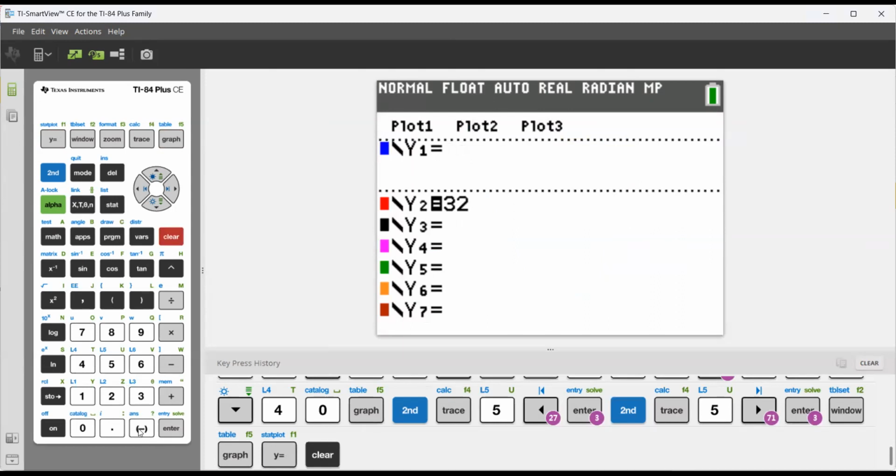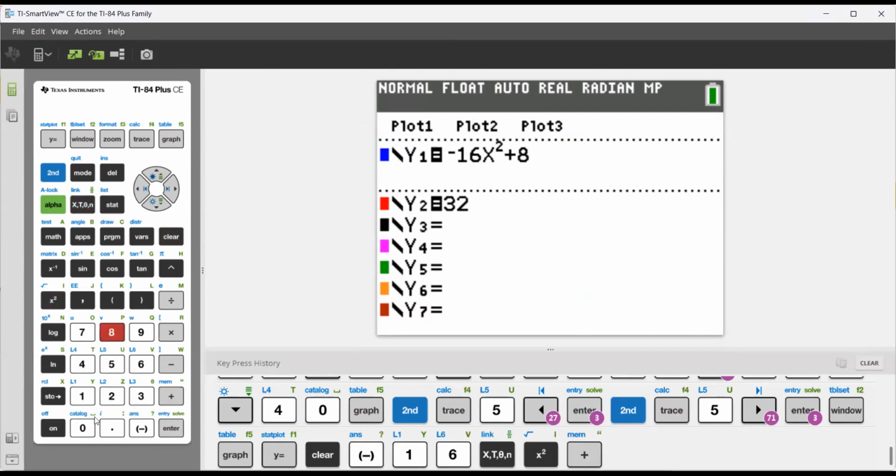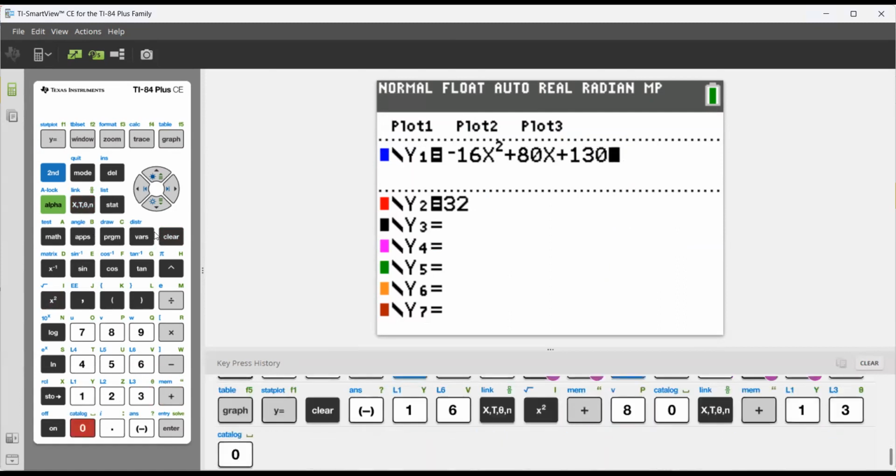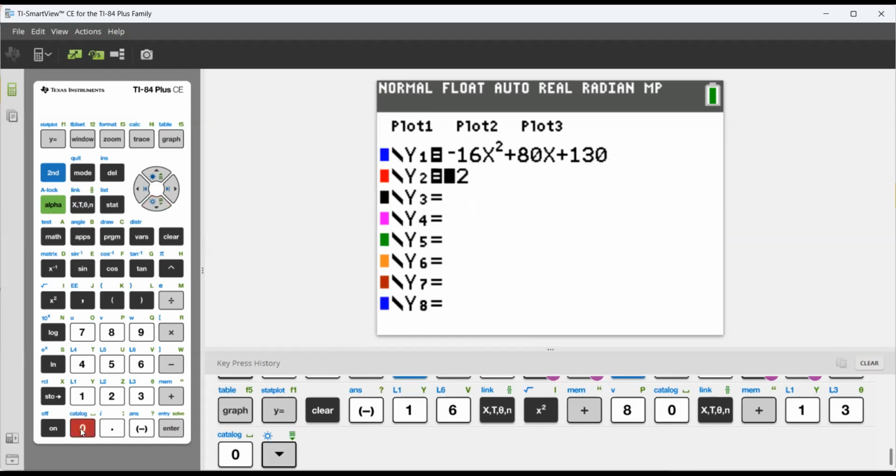Negative 16. So it says t, but we're going to do x squared plus 80 x plus 130. Okay? Then we are going to set up our y2 to be 0 because we are going to be looking at the y-intercept.